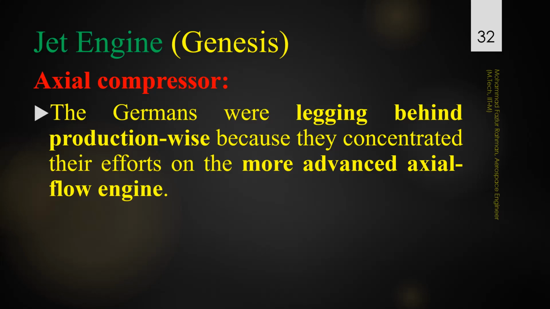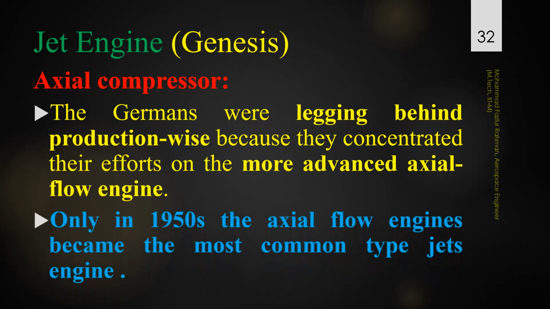They kept using the centrifugal flow engines. Only in the 50s did the axial flow engine become the most common type of jet engine, and then we have the most advanced one, and after that the axial flow engine took the job, and then development started happening in this engine itself, with further improvement in its functionality, operation and efficiency.